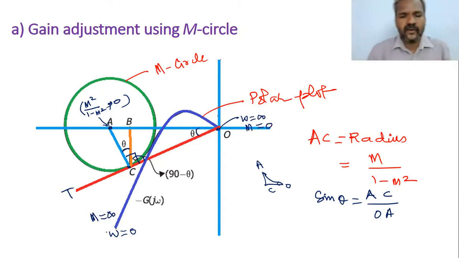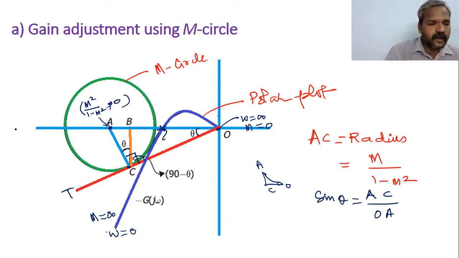Then it will definitely meet this curve. This is the cross frequency. This is the minus 180 degree line.